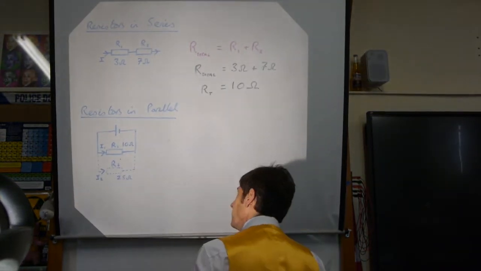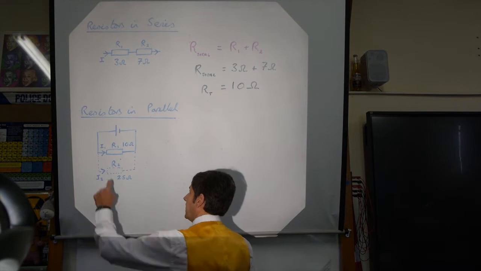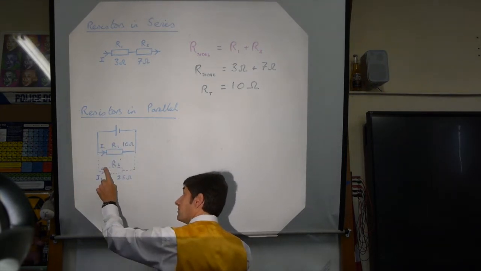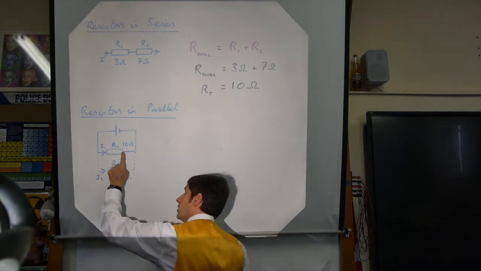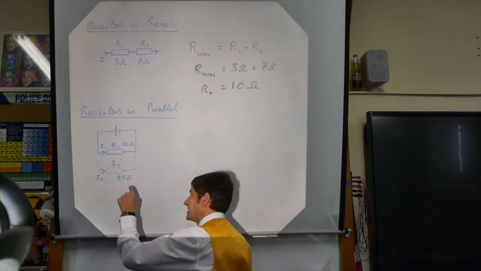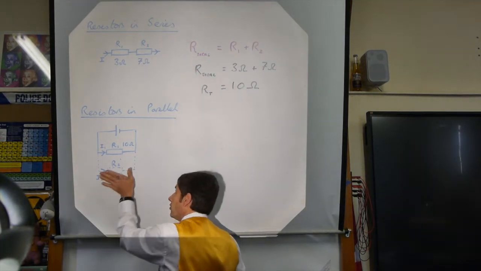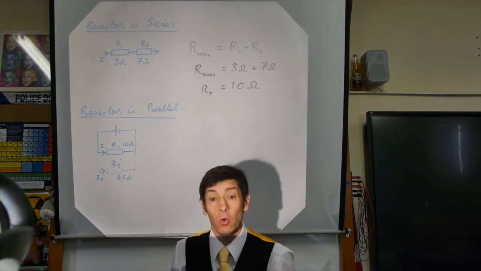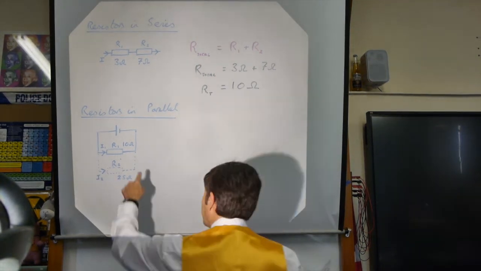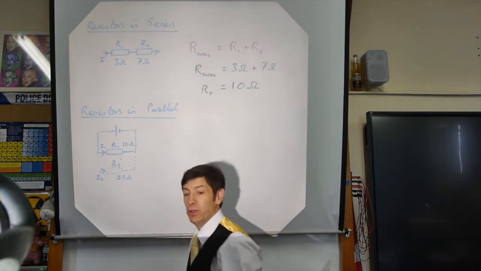So just have a look at that circuit and think, 10 ohms will have some current through it. 25 ohms will have some current through it as well, but not as much, just under half. But it still draws current that wouldn't be taken before. So the total resistance of the circuit has gone down from the 10 we put in.